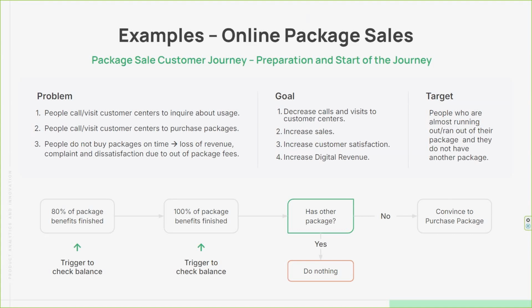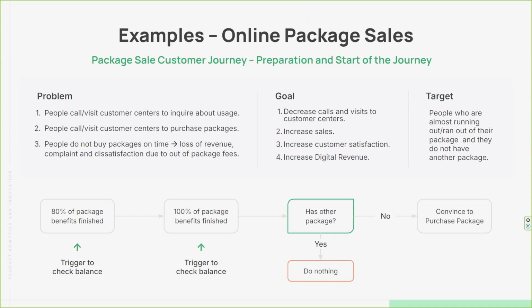Maybe they are late on renewing their packages, so there are some extra standard fees that came into the line. They might complain about it. It creates customer dissatisfaction, and also by the loss of those intervals, the company is also losing money because those would be the empty period.